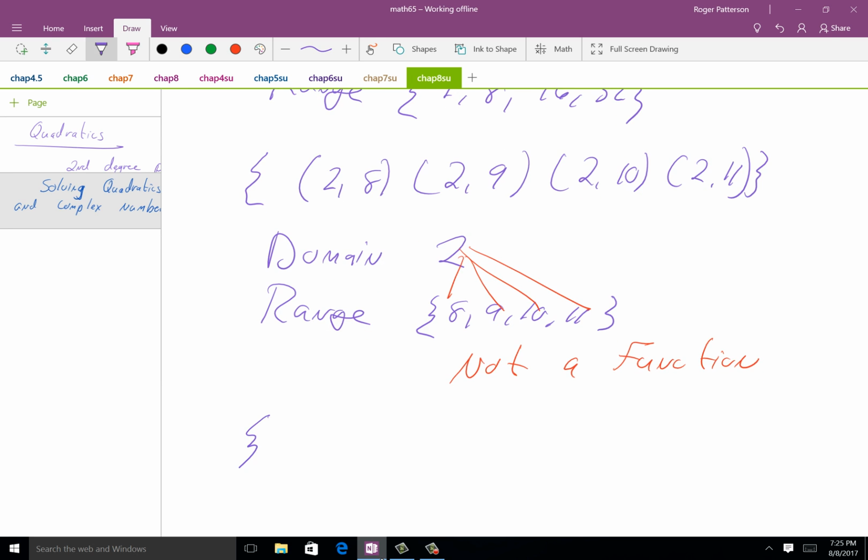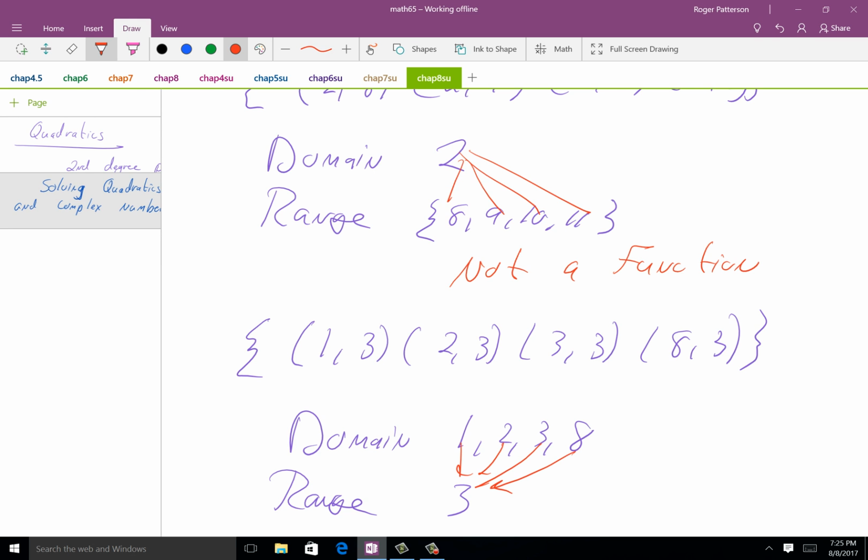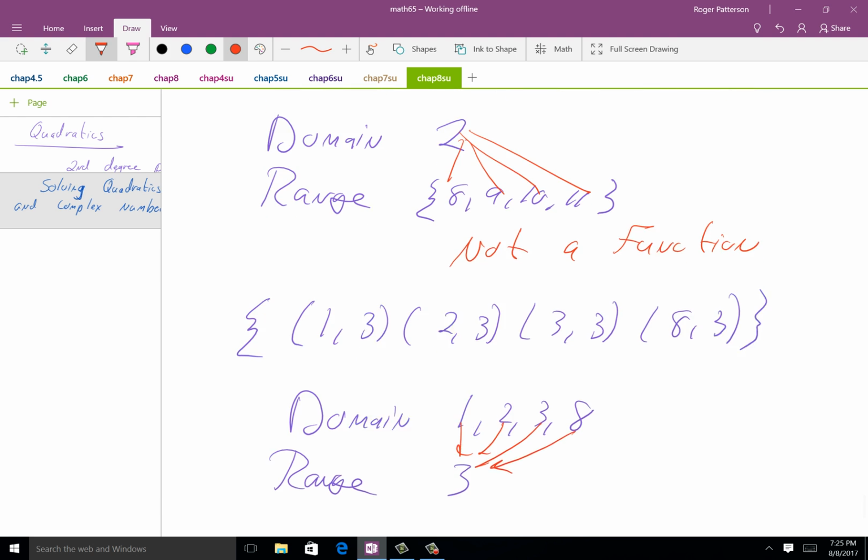How about one like this? 1, 3, 2, 3, 3, 3, 8, 3. Here we go. What's the domain? And the range? 3. So here again, here's my pairing. A little different this time. Is this a function?